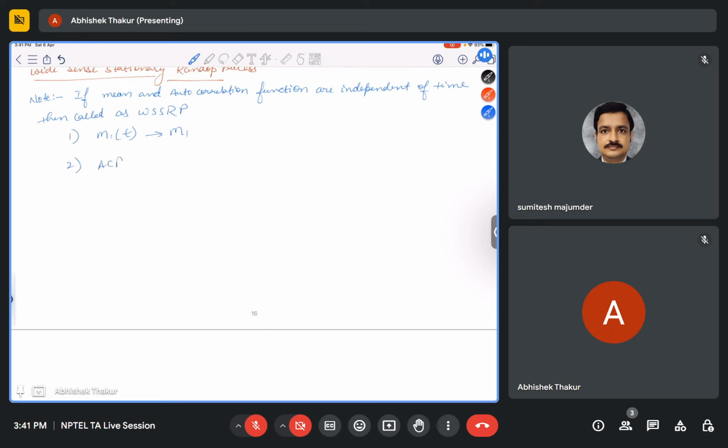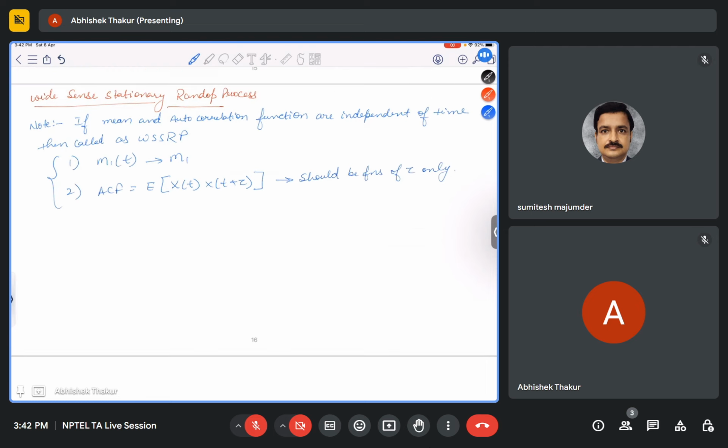Second is the autocorrelation function, that is E of x(t) and the time shifted version x(t plus tau). This should be a function of tau only. It should be independent of time. When these two conditions are satisfied, then that process is known as a wide sense stationary random process.